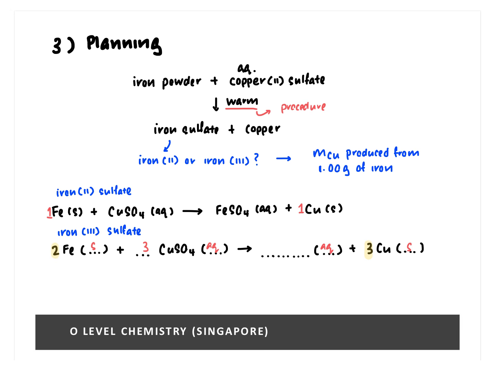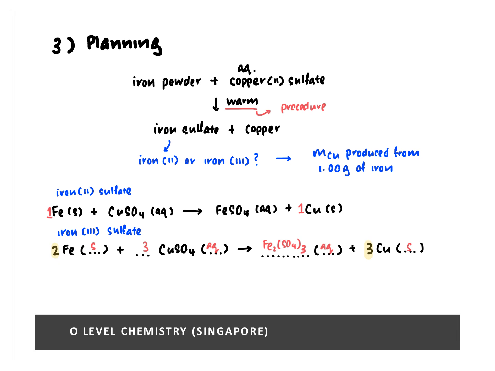Okay, and for the formula of iron 3 sulfate, you should have learned it in ionic bonding, or you should have learned it in chemical formula. It will be Fe2(SO4)3. So the third hint given in this question is in the state symbols.